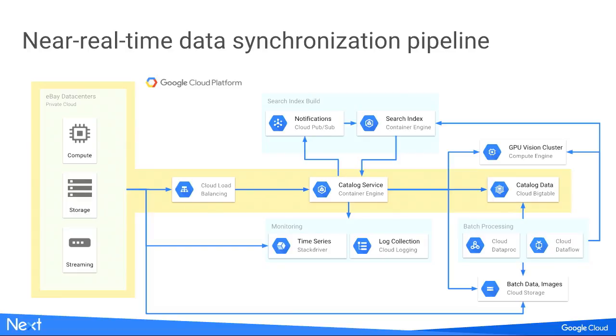We use Google Cloud Load Balancer, right, that fronts the Kubernetes cluster of our catalog service that receives these micro batches. Micro batches may contain anywhere from 1 to a few hundred records, right? And then we insert them into Bigtable.